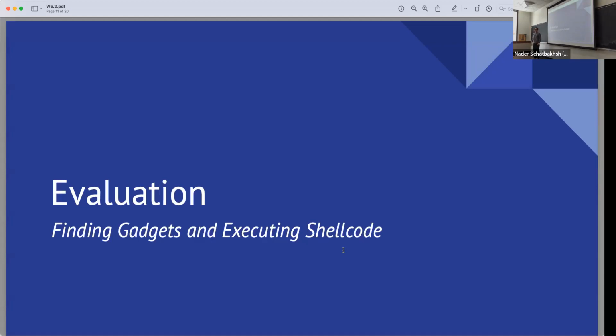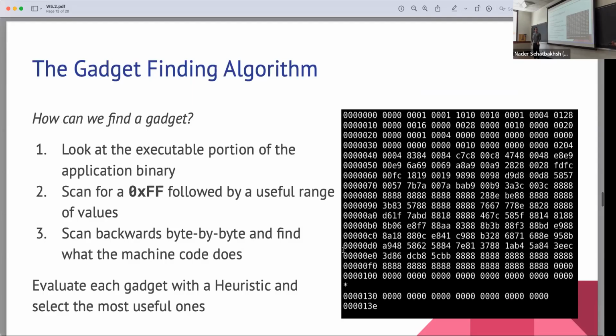So how was this evaluated? Basically, the evaluation method determined whether we can find gadgets and execute shellcode. To find a gadget, you look at the executable portion of the application binary for the 0xFF byte followed by certain values. From there you move backwards byte by byte until you find instructions that you can use.